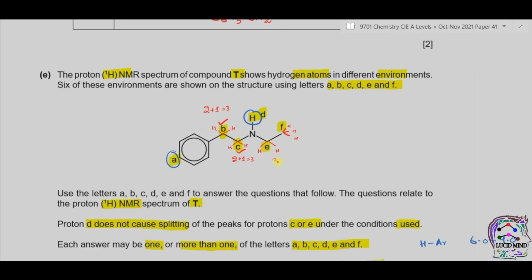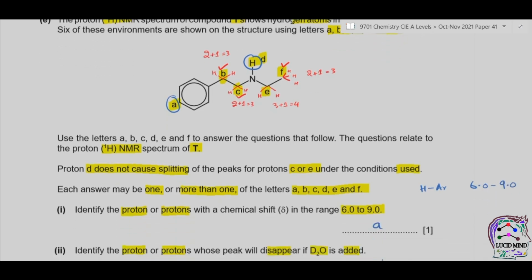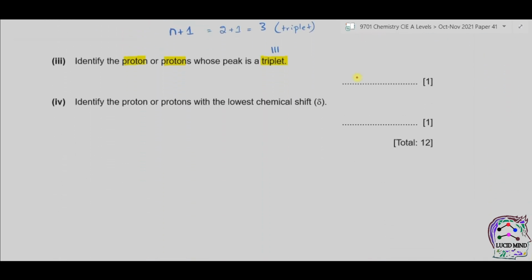So 3 plus 1 will give 4. So it will give a quartet. It will not give a triplet. While looking at F, we can see we have 2 neighboring protons. So 2 plus 1 will give 3, or a triplet. So it is B, C and F that will give a triplet, and E will give a quartet. So we can write B, C and F.